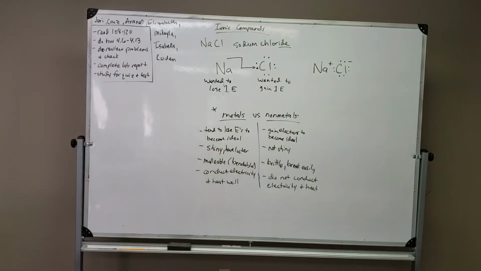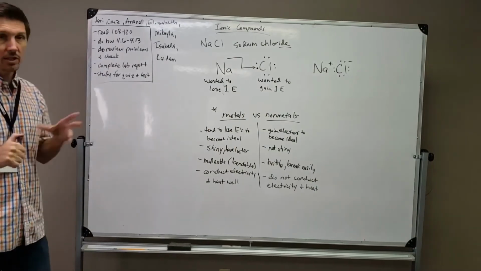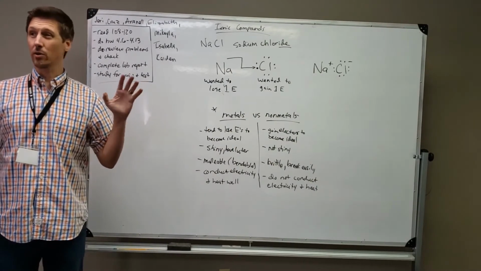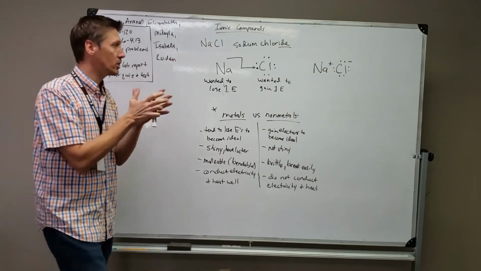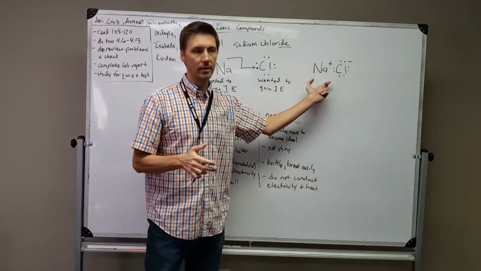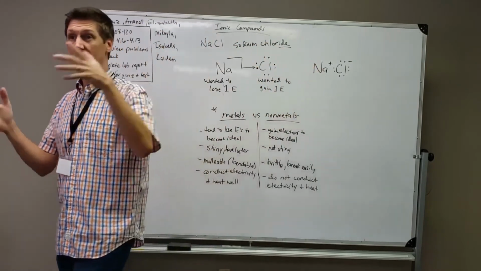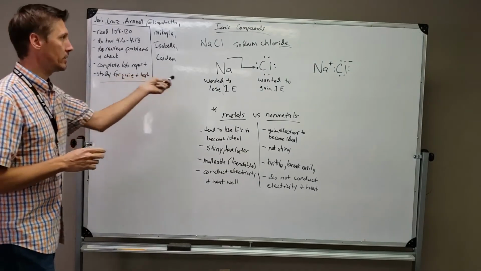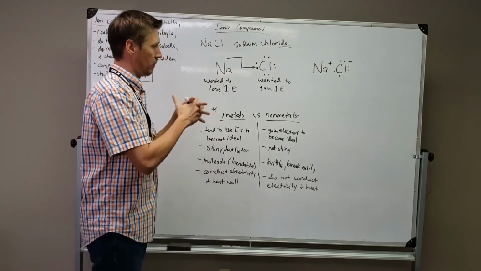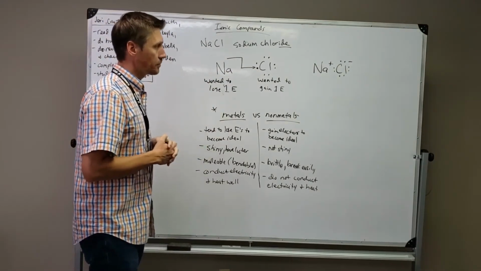And because opposite charges repel or attract? They attract. Right? And so since opposite charges attract, it's that attraction between those opposite charges that actually holds this compound together. That's why this chemical reaction happens and they bind together.